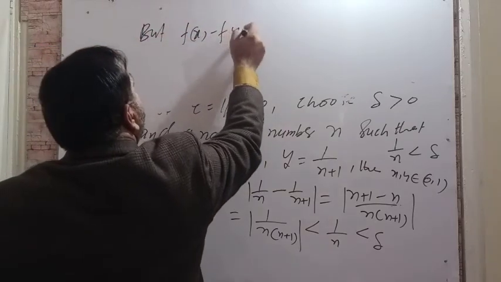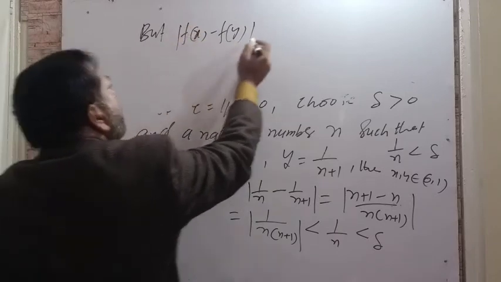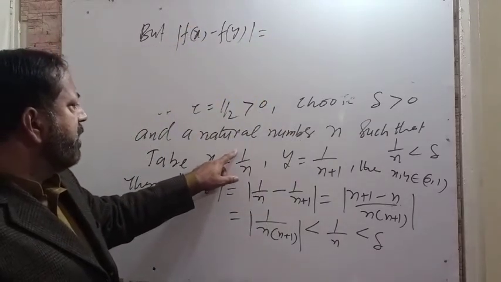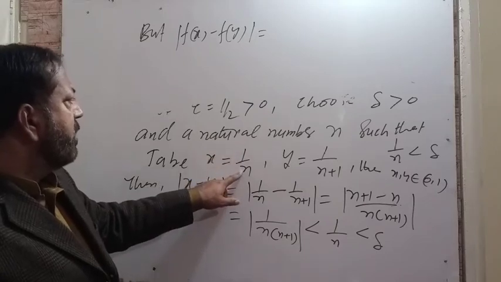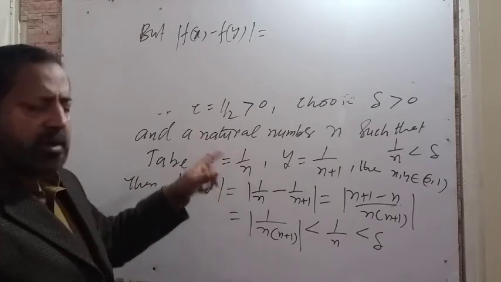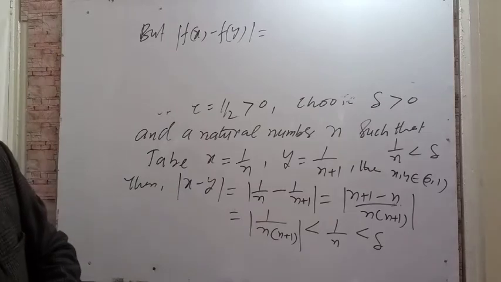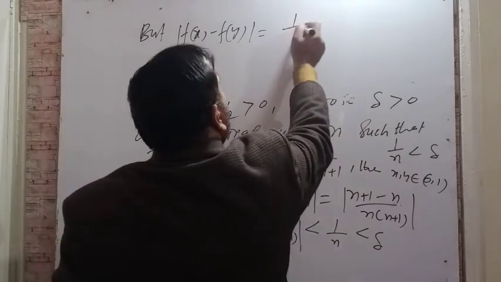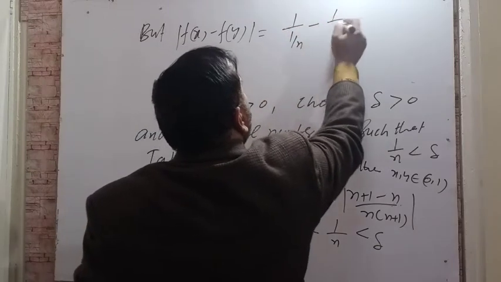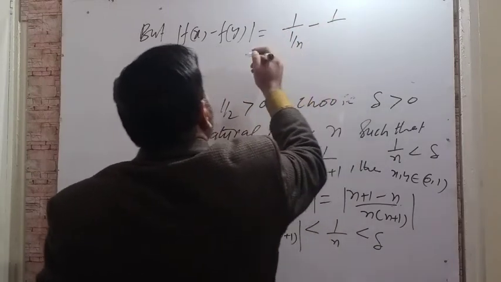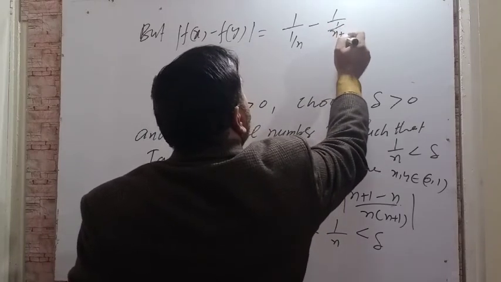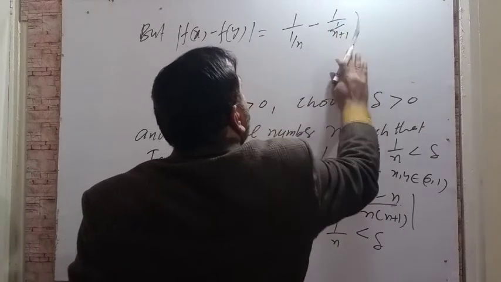|f(x) minus f(y)| is equal to what was f(x). So f(x) would be 1 over n because f(x) was 1 over x. So this would be equal to 1 over n minus 1 over n plus 1, right?